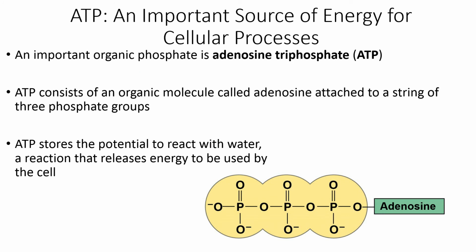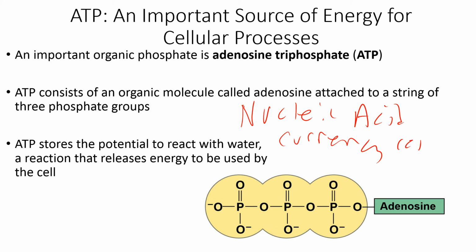Now, coming back to this topic of ATP. ATP is adenosine triphosphate. Adenosine triphosphate, or ATP, is a type of nucleic acid, and ATP is basically the currency of the cell.